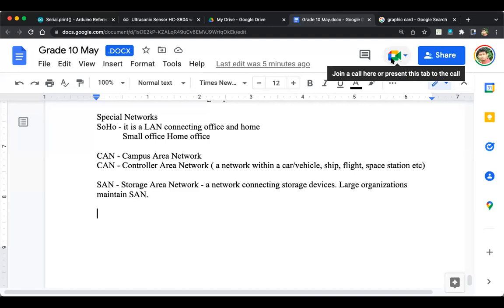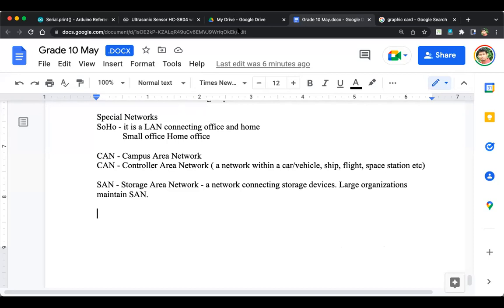So let's go and discuss the fundamentals, the basics. The communication methodologies and then the devices. The communication or data transmission can be simplex, duplex, or half duplex. Simplex means the sender is sending information and the receiver is receiving that.